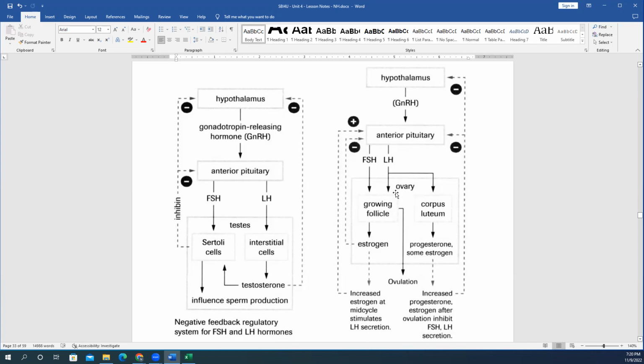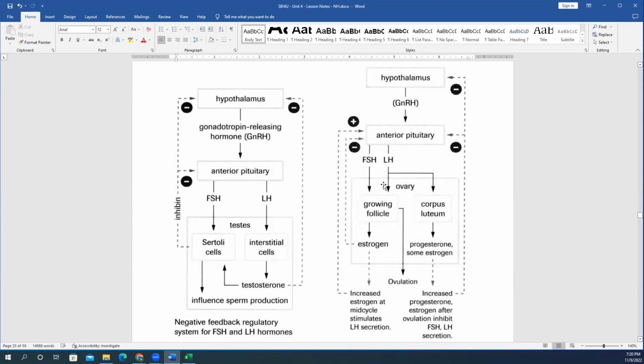Now, the other target for luteinizing hormone is to also target the corpus luteum. And from the corpus luteum, you have a release of progesterone and also some estrogen. And again, these will go and have a negative inhibitory effect on both the hypothalamus and also on the anterior pituitary.